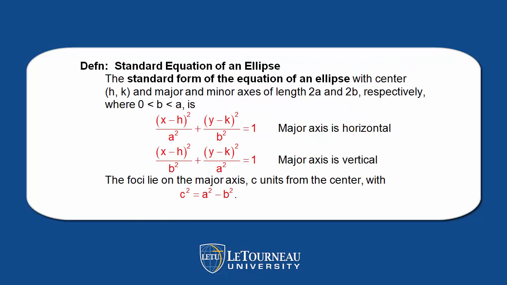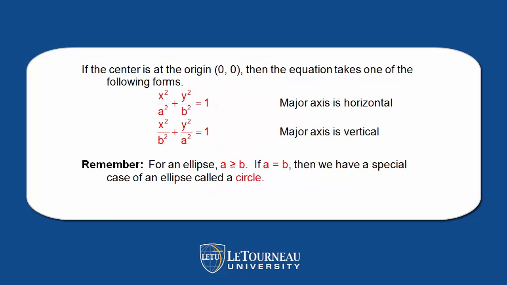Now, let's look at the standard equation of an ellipse. The standard form of the equation of an ellipse with center (h, k) and major and minor axes of length 2a and 2b respectively, where 0 is less than b is less than a, and you have your two formulas there: (x minus h) squared over a squared, or (x minus h) squared over b squared.